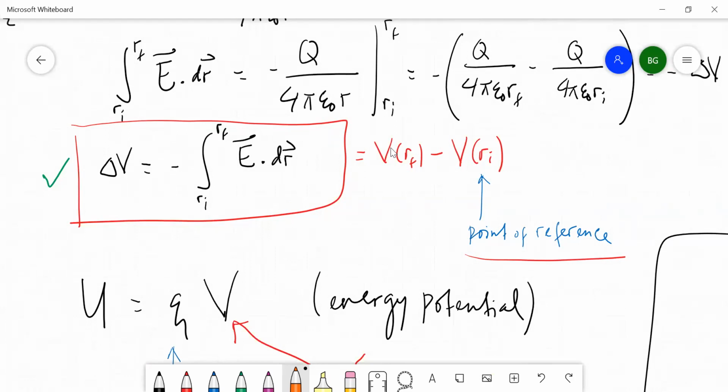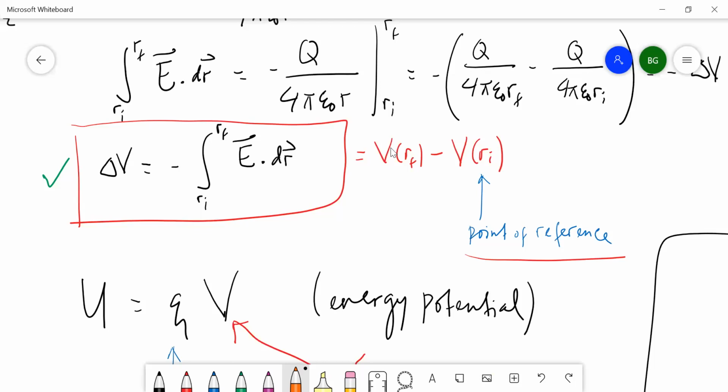As a result, delta means V at the final position Rf minus V at Ri, where Ri is the initial position. Commonly, we state that Ri is the point of reference.